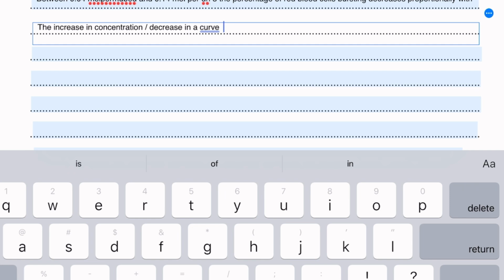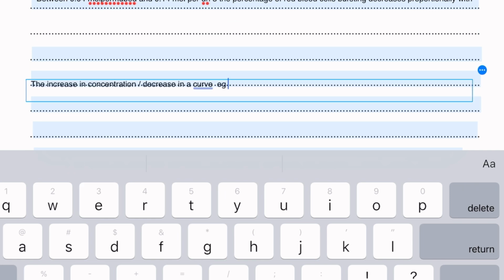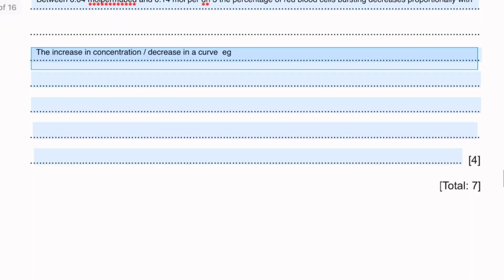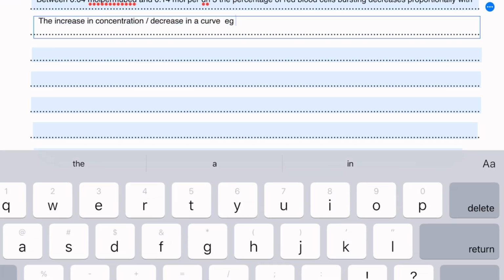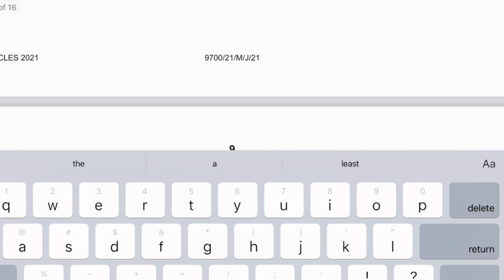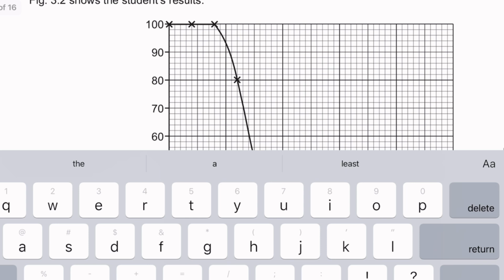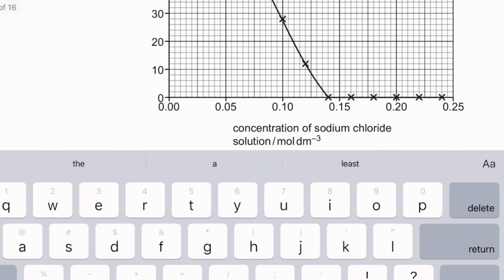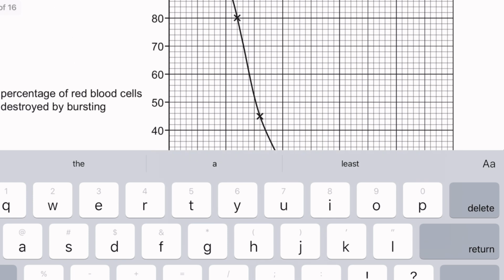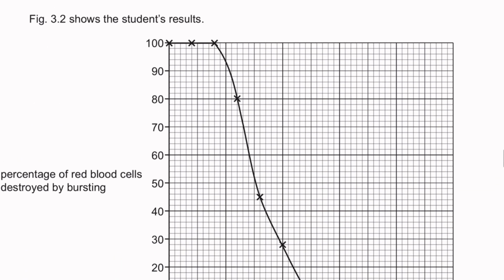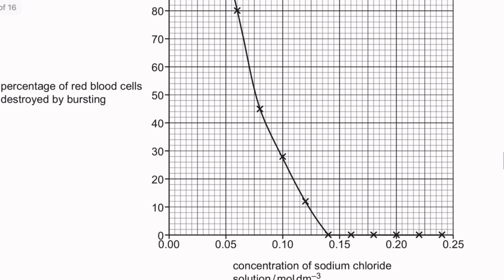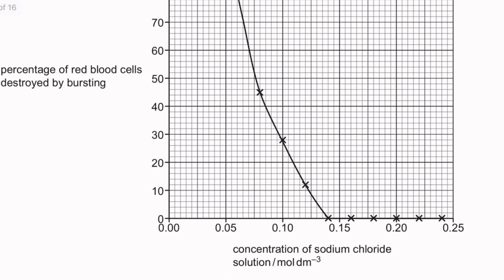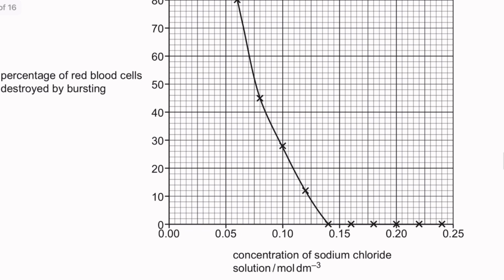You could mention an example here, 2 figures actually, because we're describing how it will decrease. For example, what you would write: at a concentration of 0.06 mole per decimeter cubed, 80% of red blood cells burst. But then when you increase the concentration to 0.1 mole per decimeter cubed, you're going to find that only 28% of red blood cells have burst. And so that's the way of demonstrating that information.